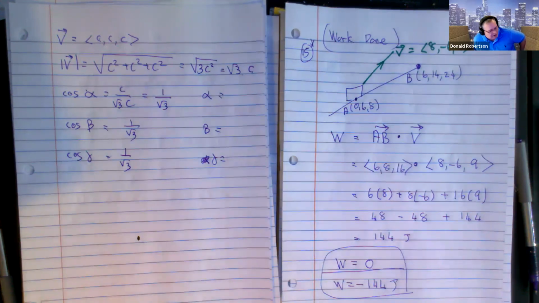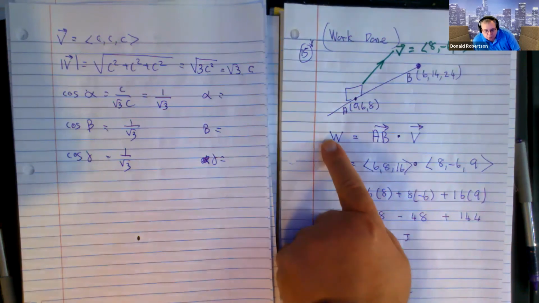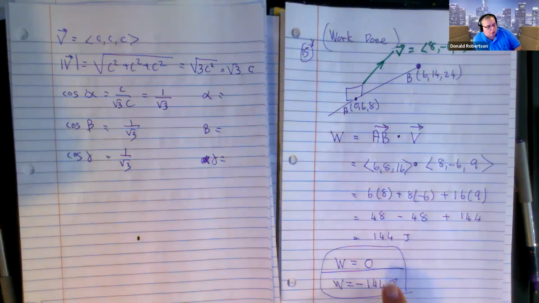Can you get negative energy in a work done situation? Is it possible to get energy out of something rather than having to put it in? Well, friction could cause heat, I guess. So you could get heat energy out of it. So it's okay for this work done to be 0 or negative.